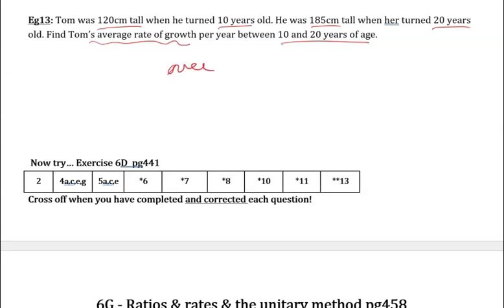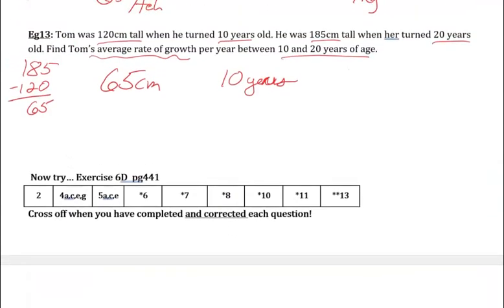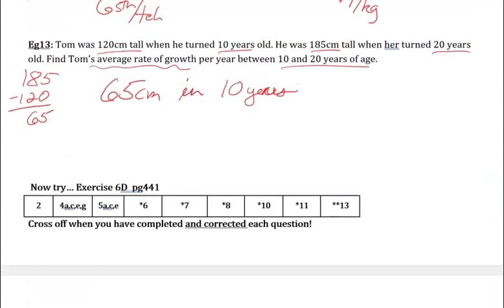What's the difference between 10 and 20? 10 years, or in 10 years. To find out how much he's grown, we'll find the difference between 185 and 120, which I'm hoping is 65. So he has grown 65 centimeters over 10 years. I should put 65 centimeters in 10 years.